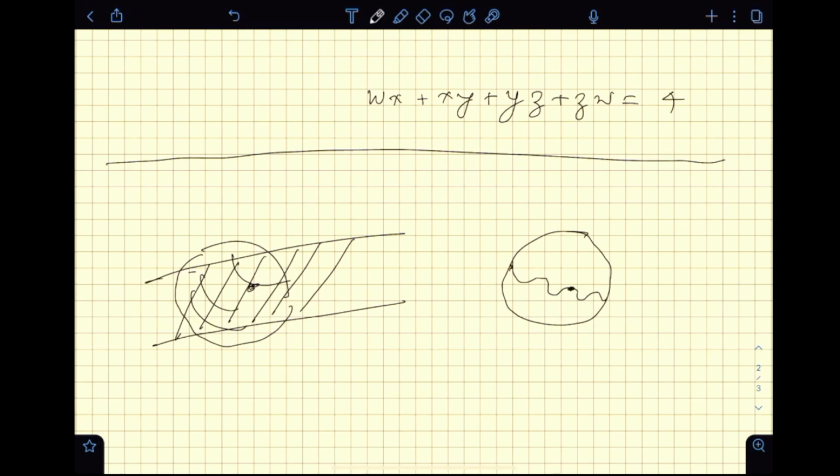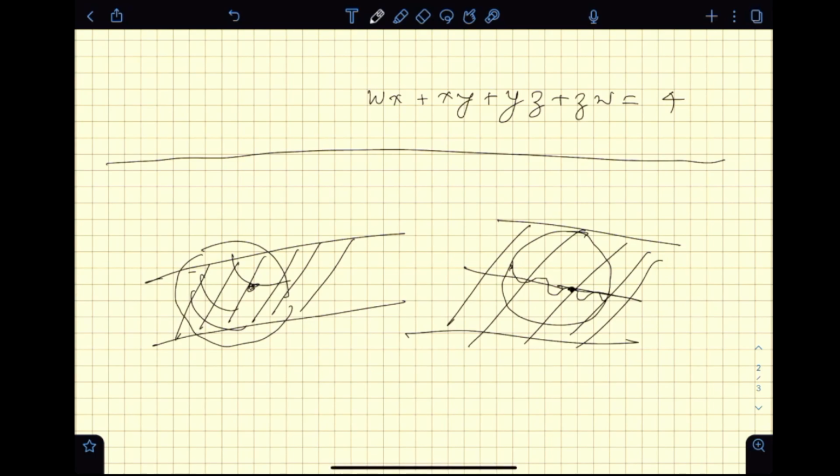Then a tangent to this is a line. Okay? So that's what you are being asked to do. And this line is a subset of the tangent to the whole sphere. Okay? So that's what is going on over here.